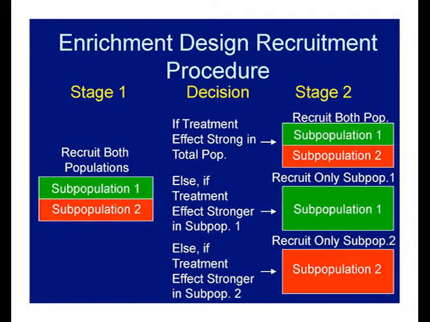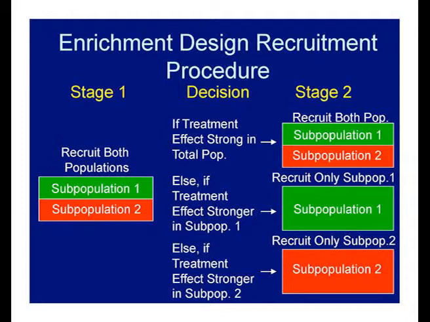But then there's an option to switch. If there's a signal in one population but just nothing, or negative in the other, you might switch to enrolling just one of them. And you could build in the option to only enroll subpopulation 2 if things are reversed. I won't talk about that in the example I give, but you could extend things to do that if you wanted that flexibility as well.